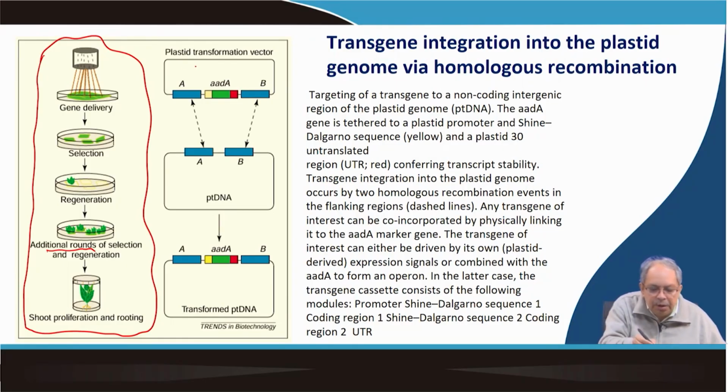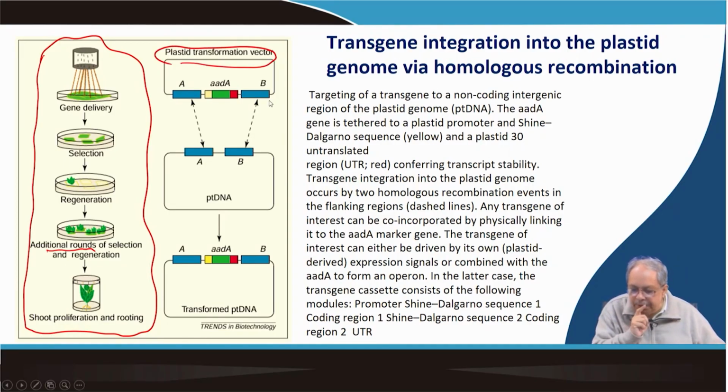So, this is basically a plastid transformation vector, where these are the regions of homology A and B, or the flanking regions. Here it contains aadA, the marker gene, along with a promoter and a terminator, the untranslated region.